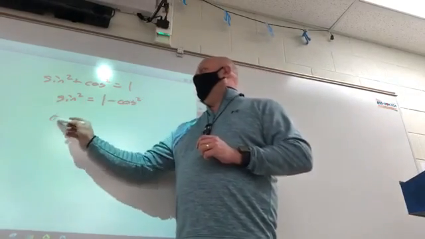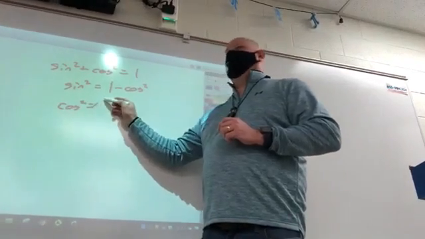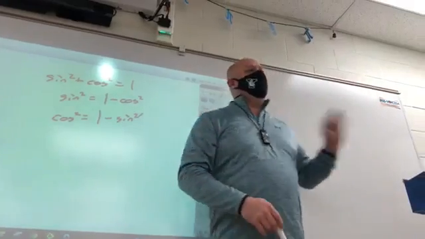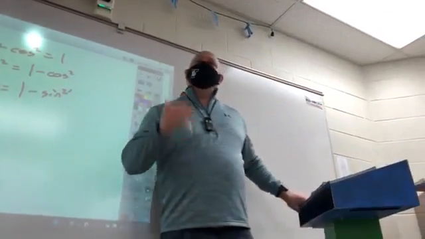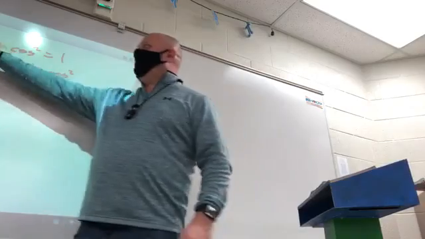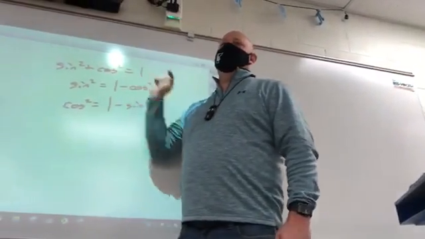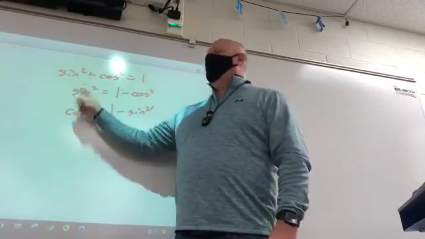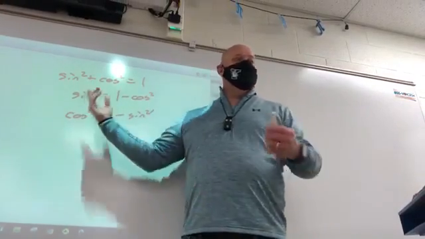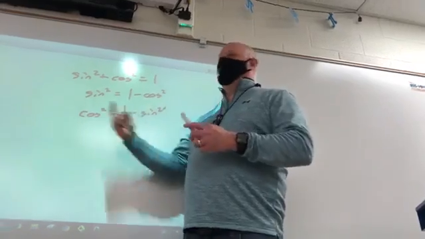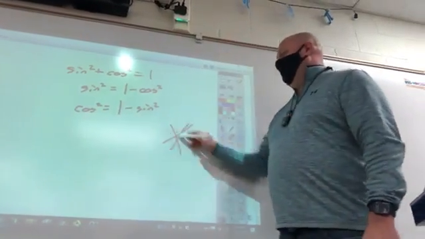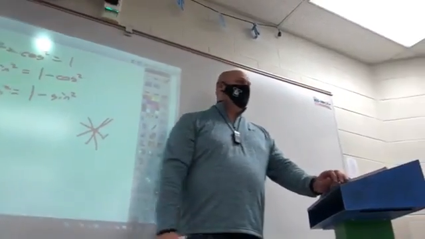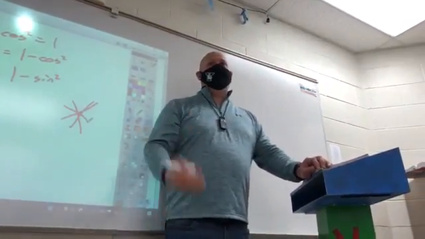And likewise, cosine squared equals 1 minus sine squared. That's 3 different tools I can now be on the lookout for. If I ever see this, great, I can turn it into a 1. If I ever see a 1 minus cosine squared, I can change it into a sine squared. And a 1 minus sine squared, I can turn it into a cosine squared. I'll tell you right now, these 3, you'd better know those. Okay? That's one of your Pythagorean identities.